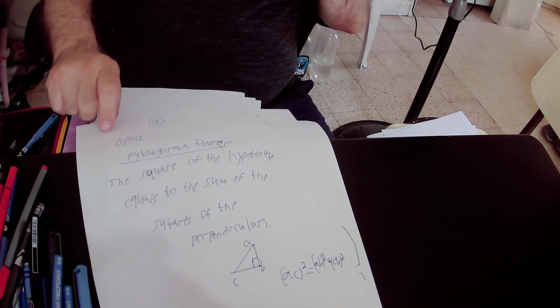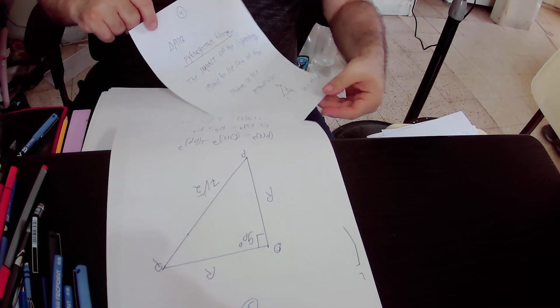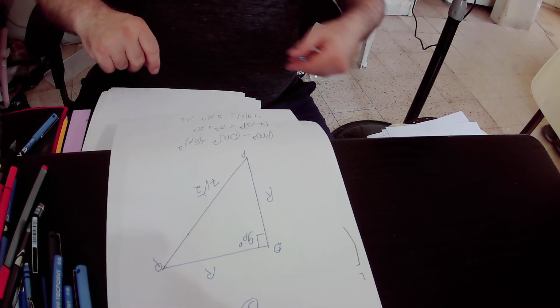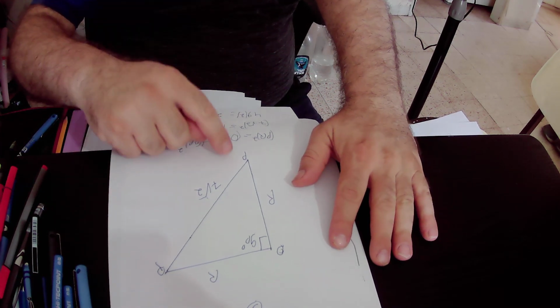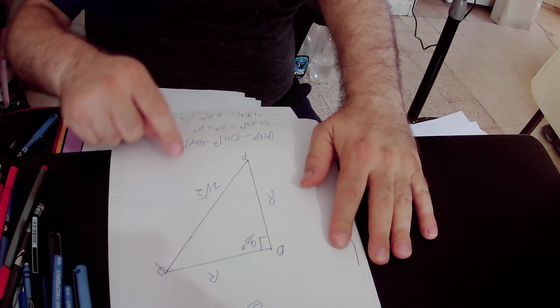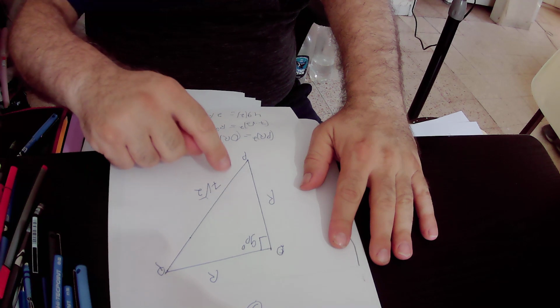Okay, so we can apply the Pythagorean theorem in our right triangle, and we can say that the square of the hypotenuse, that is to say PQ squared, equals the sum of the squares of the perpendiculars.